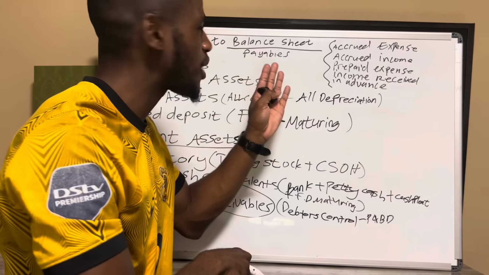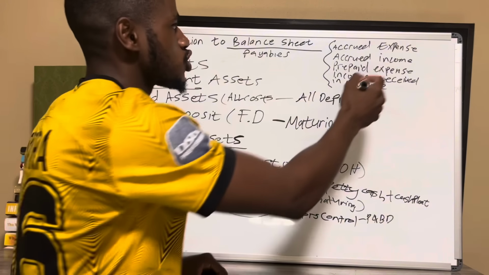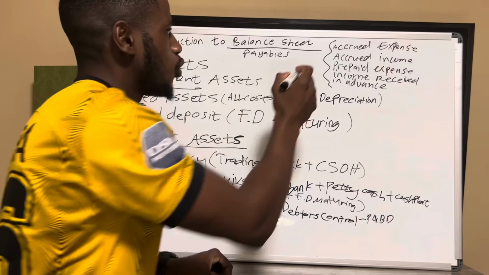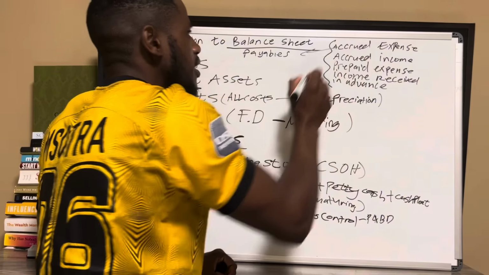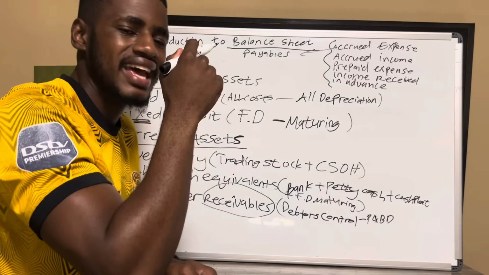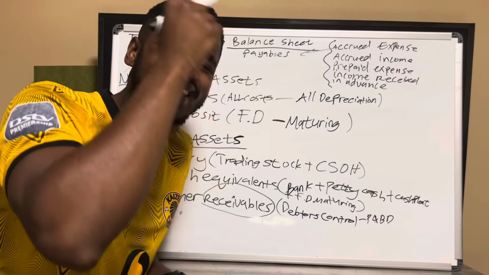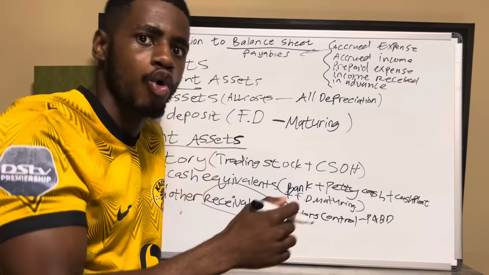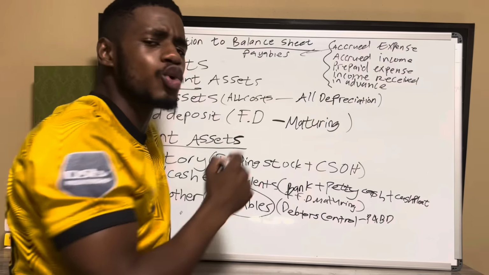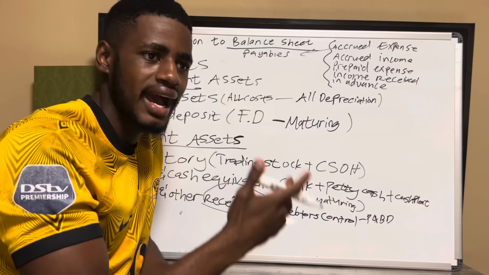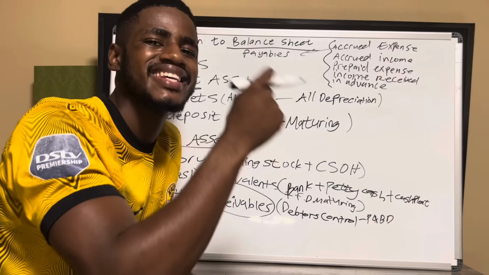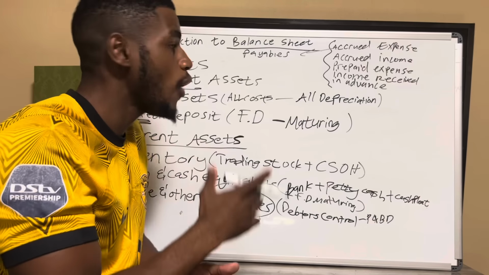Yes, this is something that we need to pay. So our accrued expense will go under payables, because it is an expense that we have not yet paid for. Okay. Then accrued income. This is an income that we have not yet received. Where does it go?